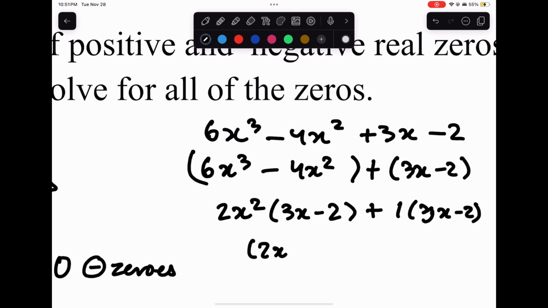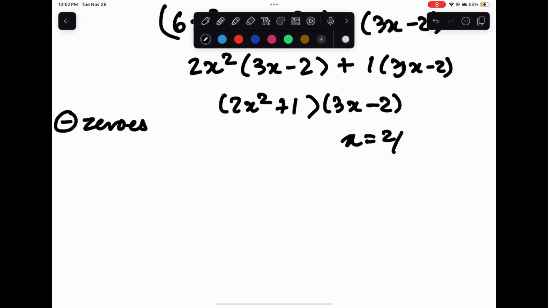And we get (2x squared plus 1) times (3x minus 2). And then from there, our x values are going to be 2/3. And I think we're going to get a complex root here because x squared is going to be something negative.